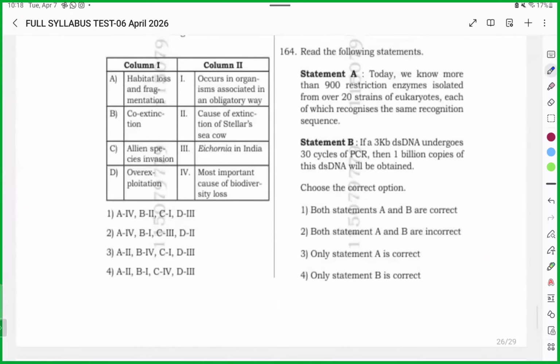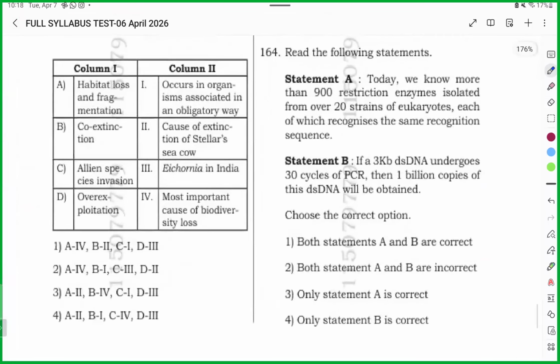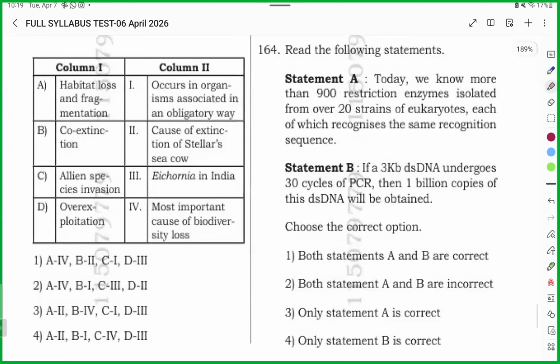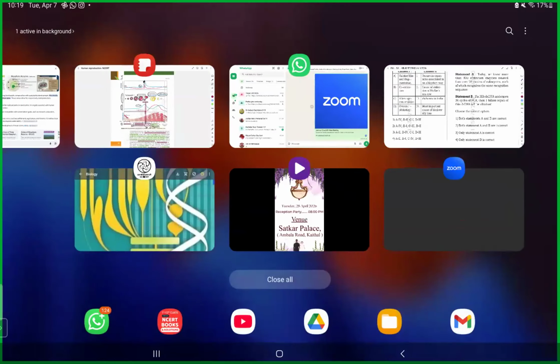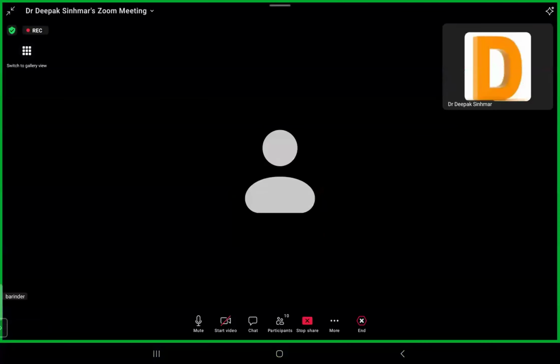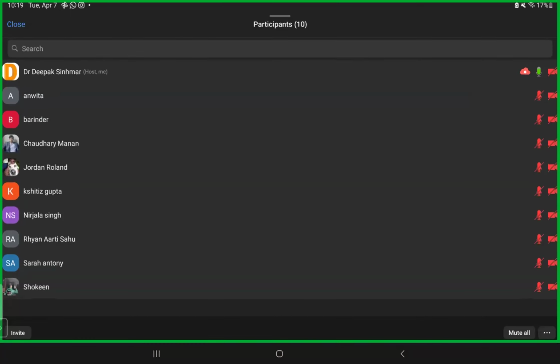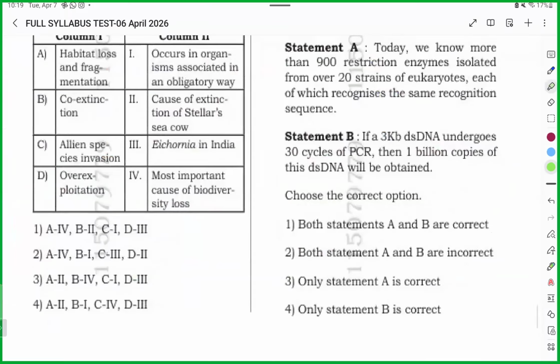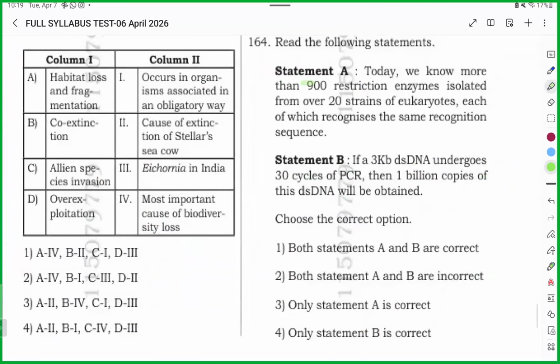I will show you one more question. See, 164. Who will tell me? Anvita asked. Nirzila. Today we have more than 900 restriction enzymes isolated. Is this correct? Yes, it is correct.